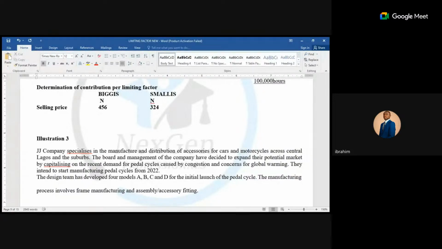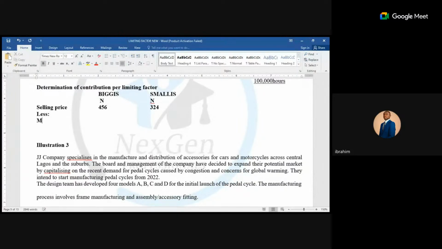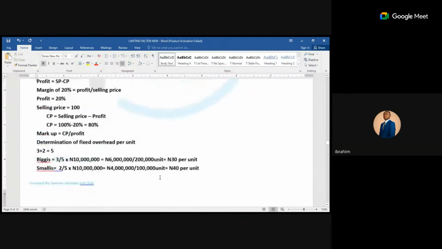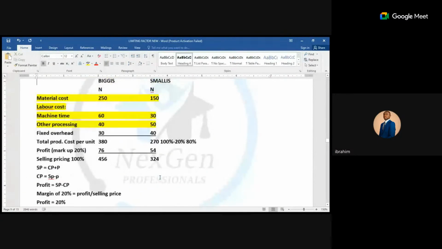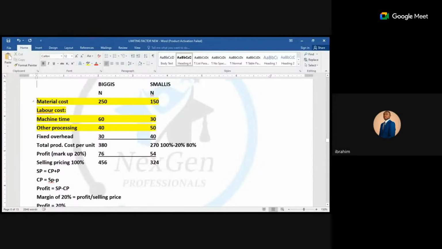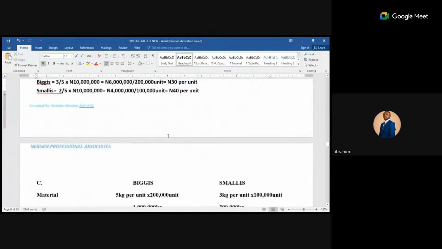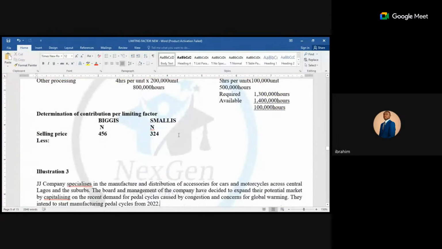We have less all the variable costs. We have the material costs. Let me just copy them. The variable costs to give us contribution. Don't forget that selling price per unit and variable cost per unit will give us contribution per unit.